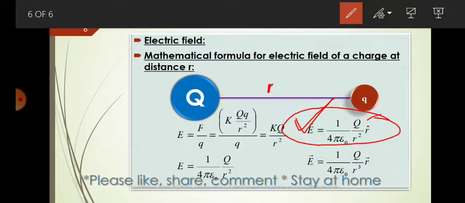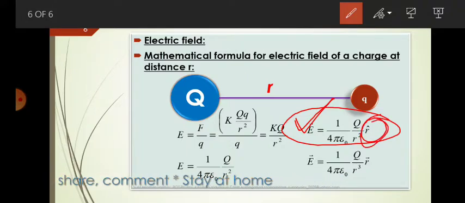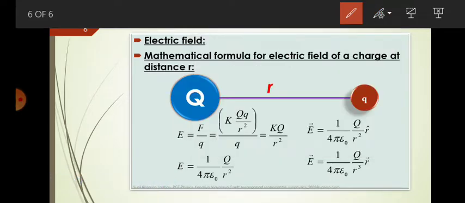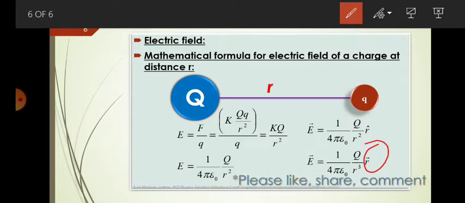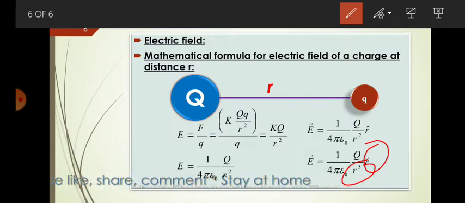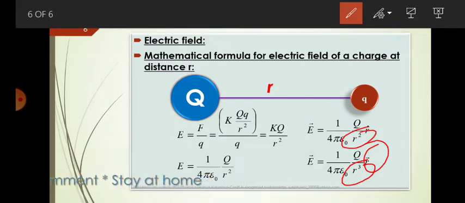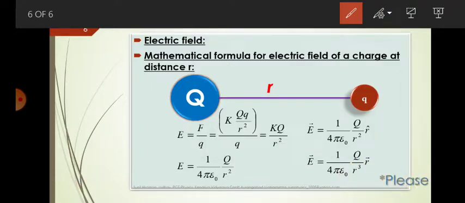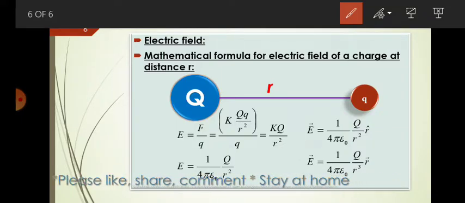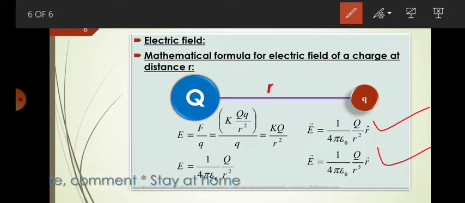We define it in terms of a unit vector. If you want to express the electric field in terms of vector r, there is a small change: it is now r cube. In the previous formula we took r square, and now we are taking r cube. I think you have already learned why in the previous videos on Coulomb's law, where I discussed in detail why this formula is taken like this. So basically this can be called the electric field.